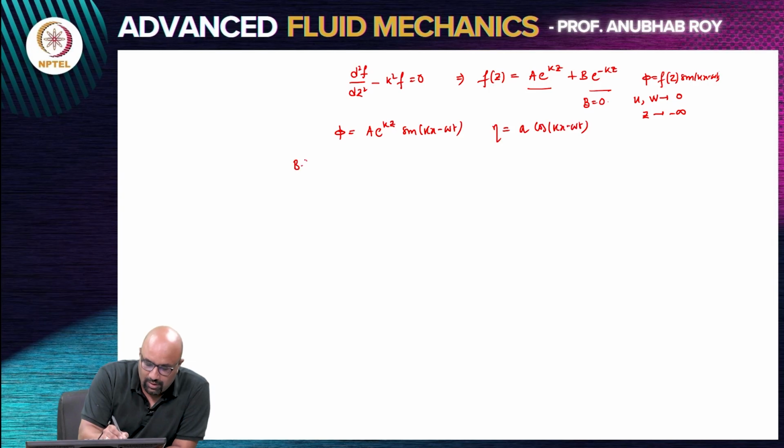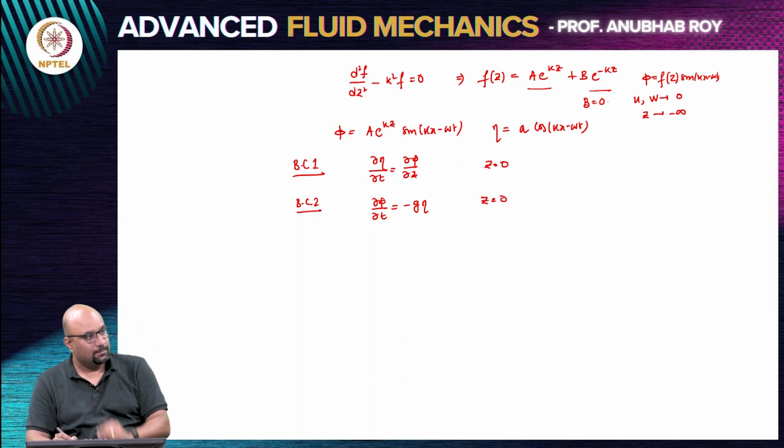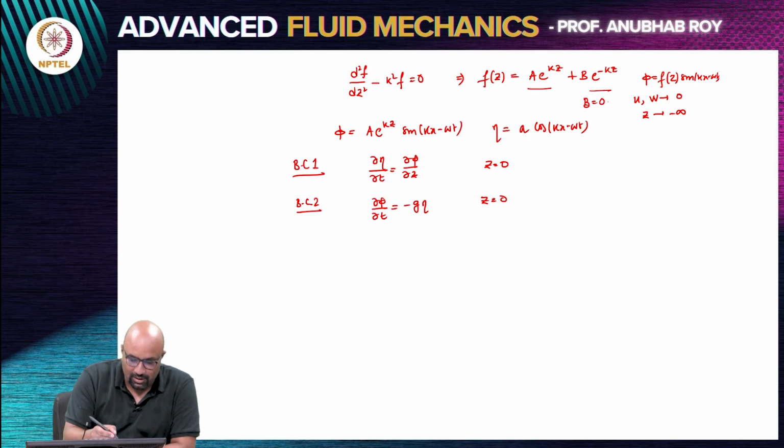You have two boundary conditions. The kinematic boundary condition, which is dou eta dou t is equal to dou phi dou z at z equals 0, and the second boundary condition is dou phi dou t is equal to minus g eta at z equals 0. So use the first boundary condition.